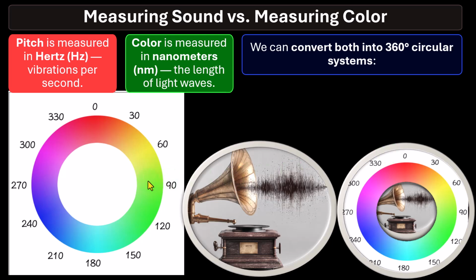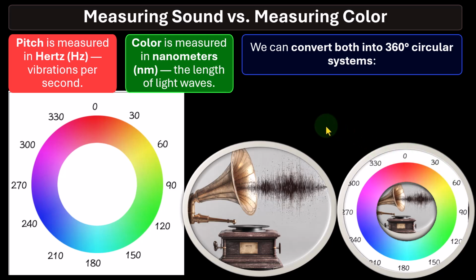Now, so that's what we'll do. So color, you can do the same thing. It's also a spectrum. So we can basically map it out and say whatever the wavelengths are, from the nanometers, whatever they are, I want to fit it into equal units of 360. Because if I have 360, that maps onto 360 degrees, allowing me to map it onto a circle.